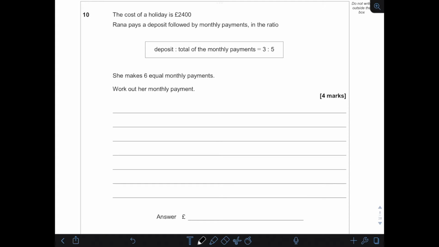Right, so that is a lot of information in money terms, but these are all relatively doable, I suppose. So we know that the total cost of the holiday must equal the sum of the deposit and monthly payments.